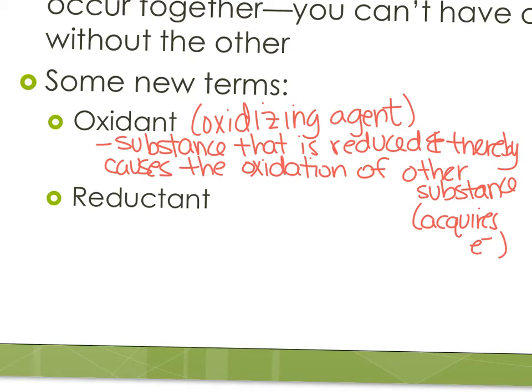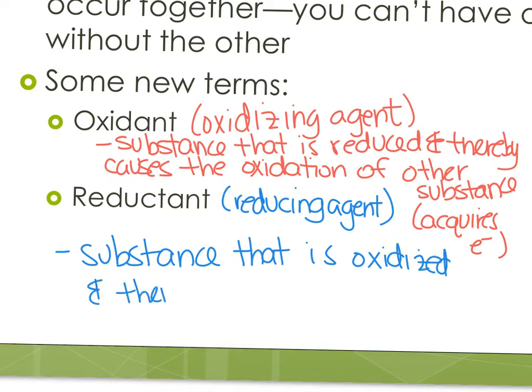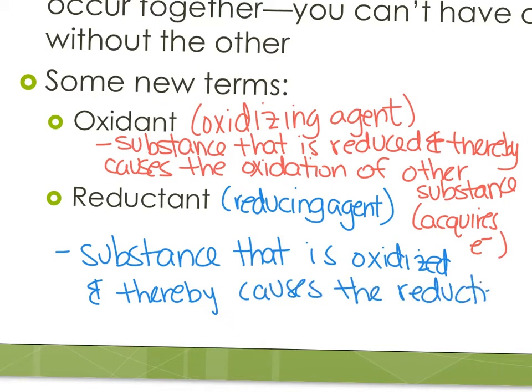So if that's what the oxidizing agent or the oxidant is, what do you think the reducing agent or the reductant is? Well, obviously, the substance that is oxidized and thereby causes the reduction of the other substance.